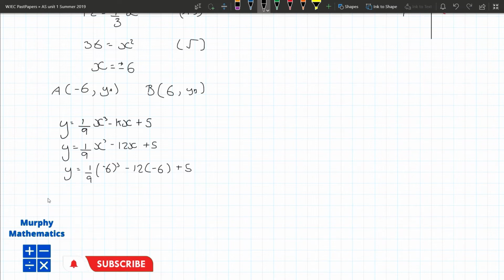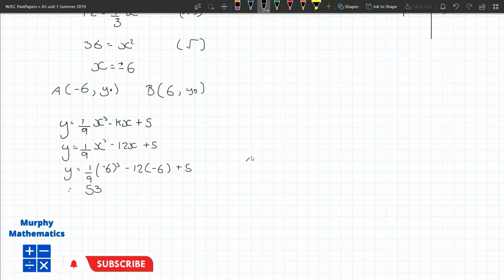Okay, and typing that into a calculator, I'm going to have 1/9 minus 6 cubed minus 12, lots of minus 6 plus 5. And that gives me y equals positive 53.